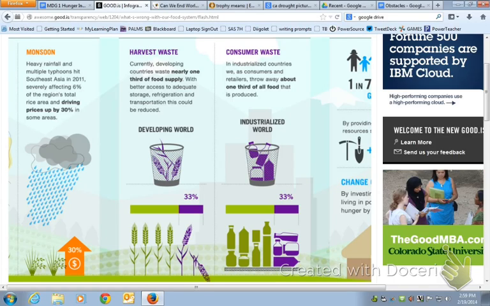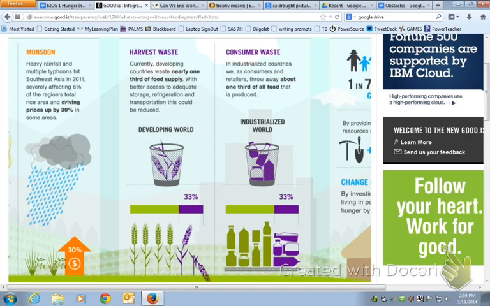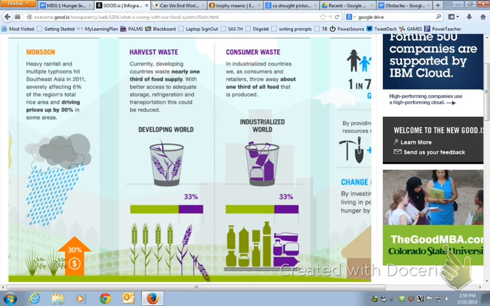These are developing countries. So the problem there is that we could get the food to those areas, but even when we do, they don't necessarily have the storage, the refrigeration, and the transportation that they need to keep that food fresh. So the food actually goes bad and gets wasted just because there's no place to store it.